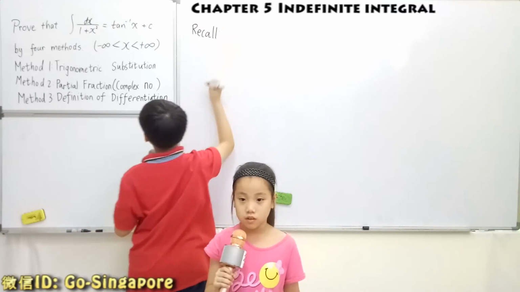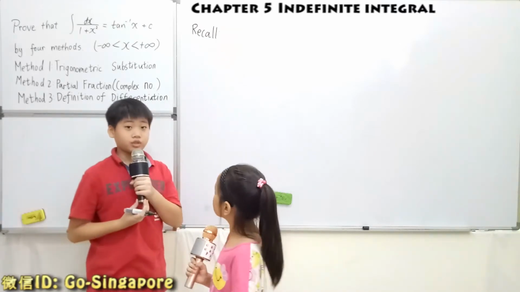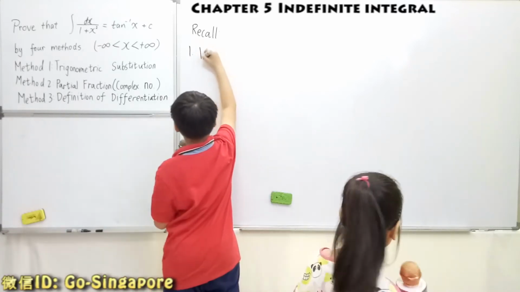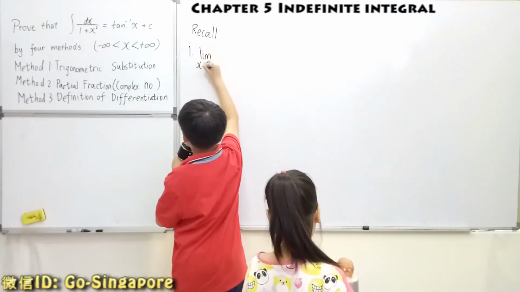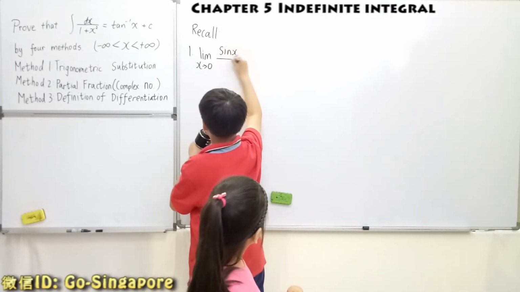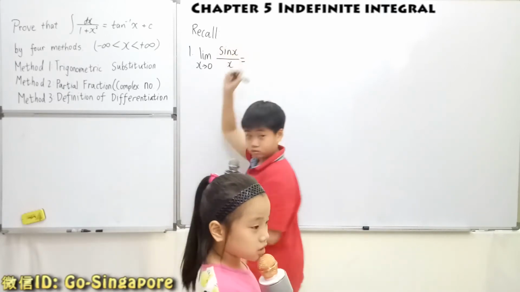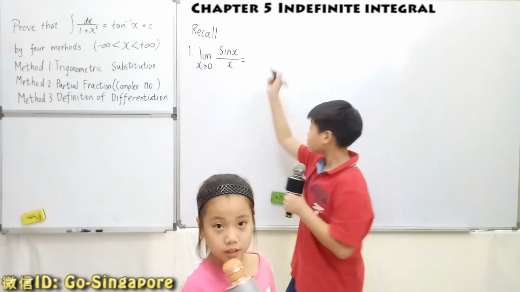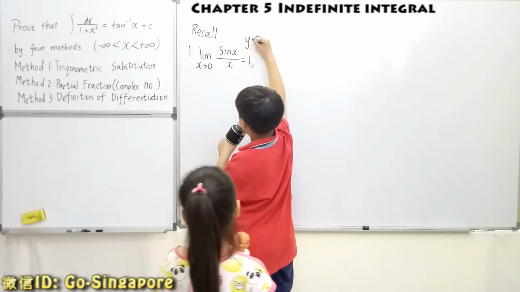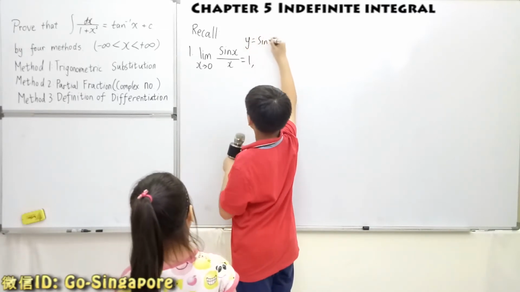Okay, so first for this recall, first thing, limit x approaches 0. What is sine x over x? That's the special limit, which is 1. Yes. What if y is sine x?